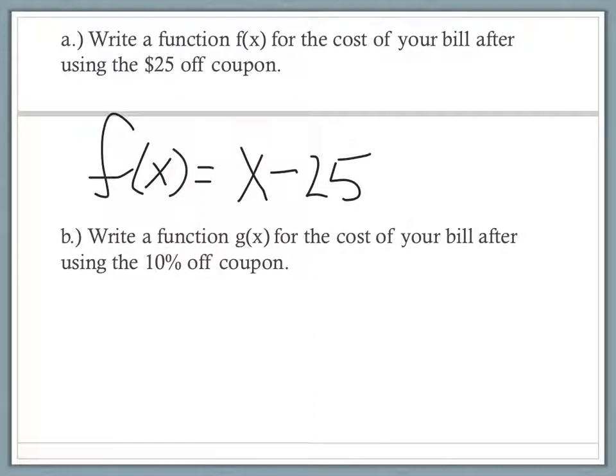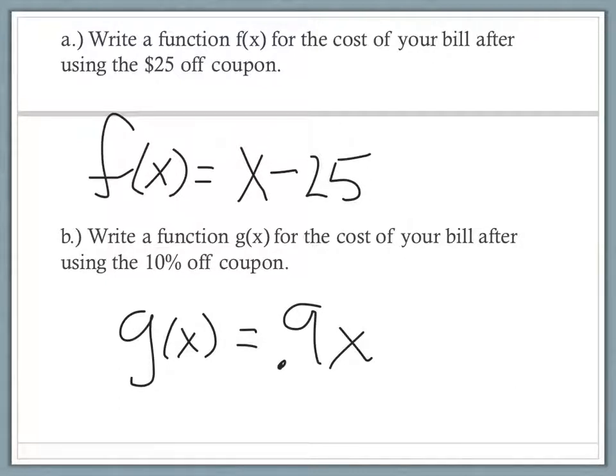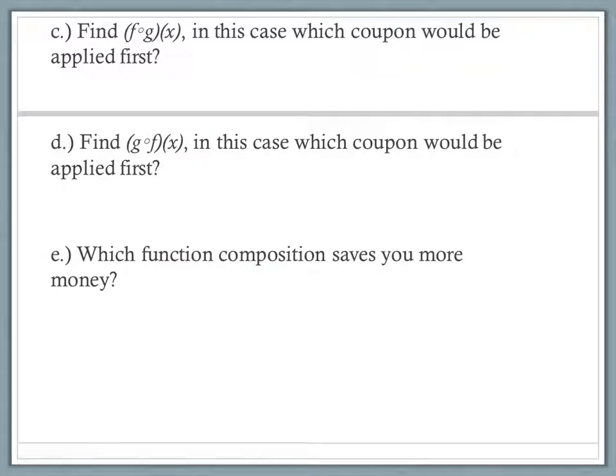Now write a function g of x for the cost of our bill if we use the 10% off coupon. So g of x equals, now think, if the bill is 100% and I'm taking away 10%, I'm only going to be using 90%. So this is 0.9 of x, or of our bill. Now it wants us to find f of g of x.